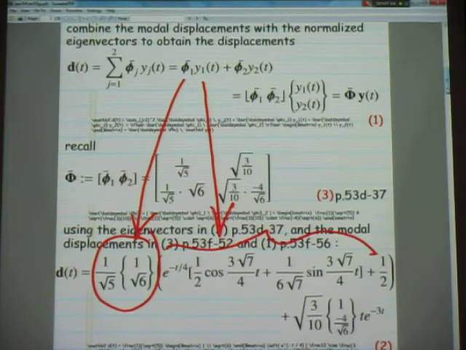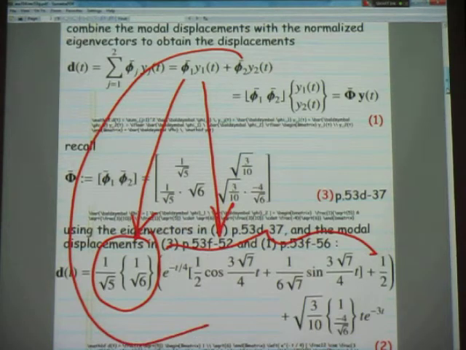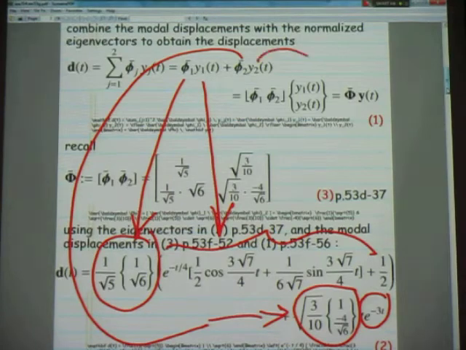What is phi 2 bar? Phi 2 bar is this matrix. That's phi 2 bar. And what is y2? Y2 is this function t times exponential of minus 3t. That's it.